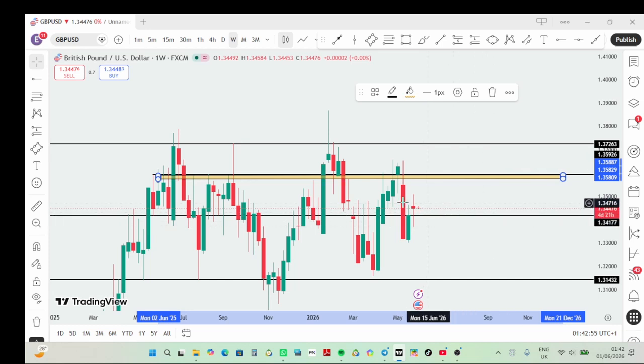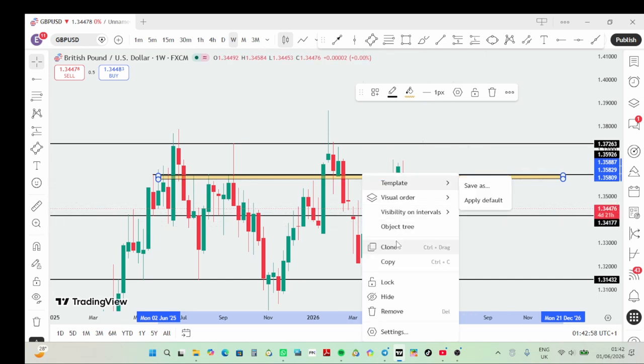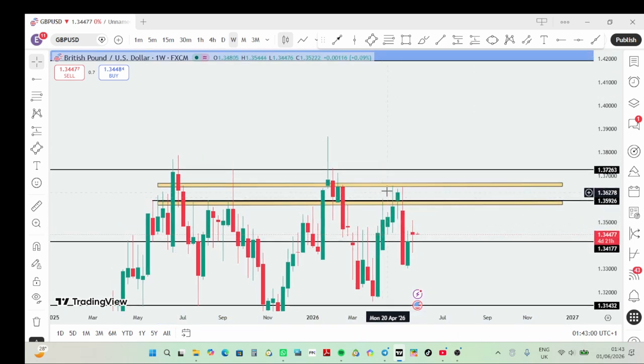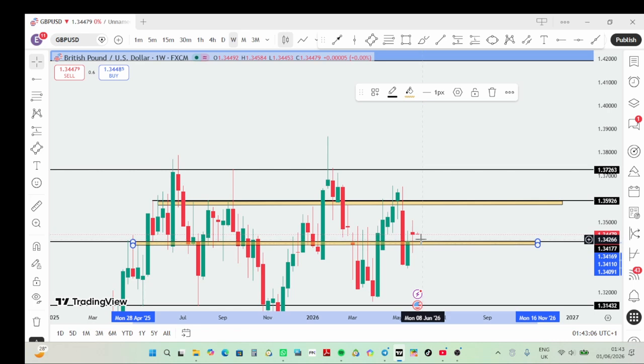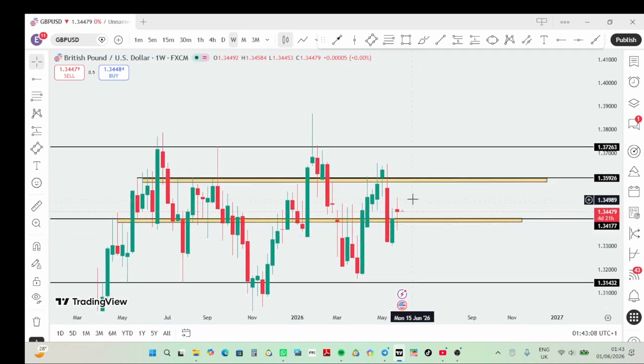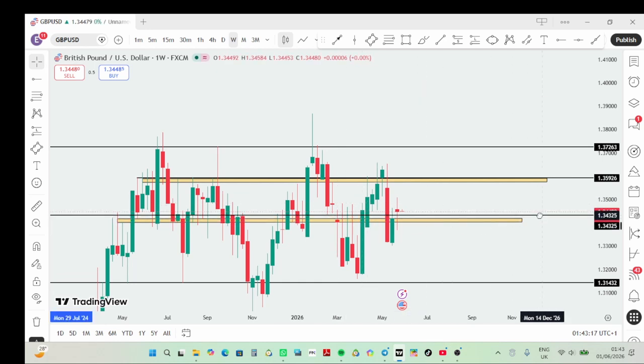So once the market can bounce off from this level, then I should be looking for a push up to this level. But I will prefer this level to be here.